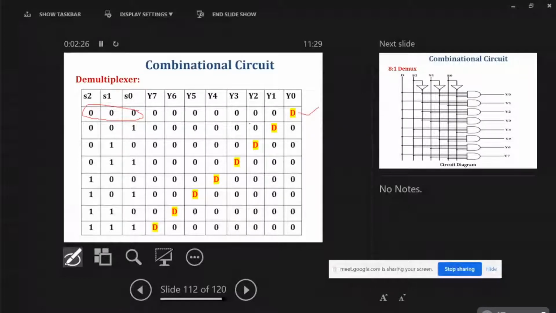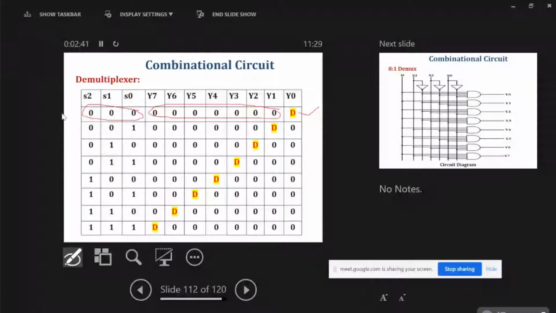When all 3 selection lines are 0 0 0, the remaining lines other than Y0 are 0. So this is the first.